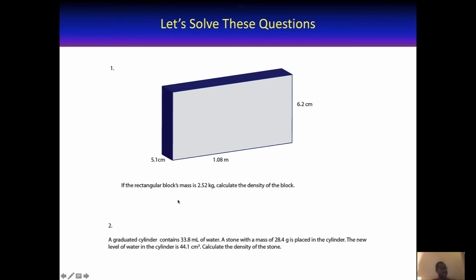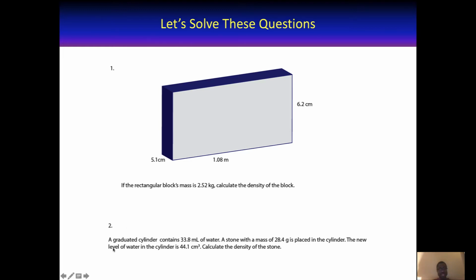We also want to report density in grams per cubic centimeter. So that means that we have to change kilograms to grams, and to do this, we have to recall that 1,000 grams equals 1 kilogram. Once we understand that, we proceed to calculate the volume, then do unit conversions, and then calculate the density.